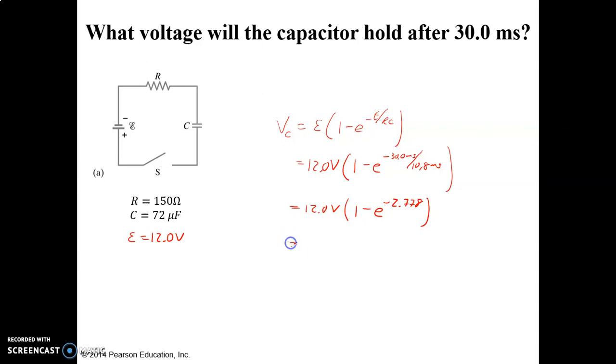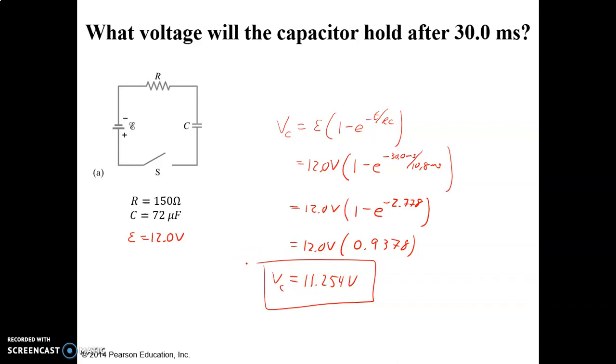So when I plug that in, I get 12 volts times 0.9378, which means that my capacitor is charged to 11.254 volts.